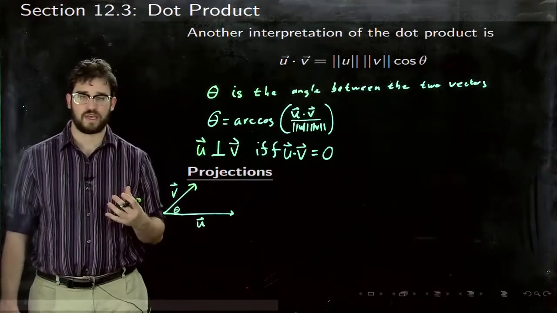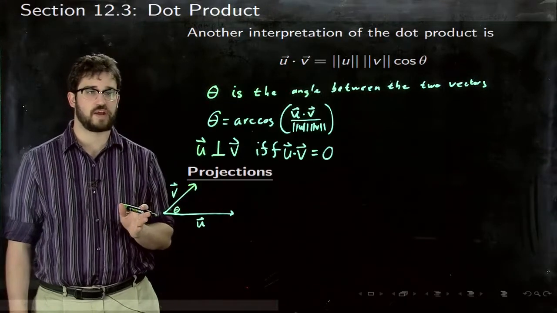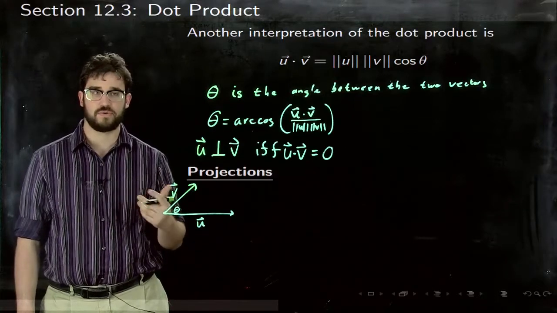We could ask ourselves, how much does v point in the direction of u? Or what piece of v is in the u direction?